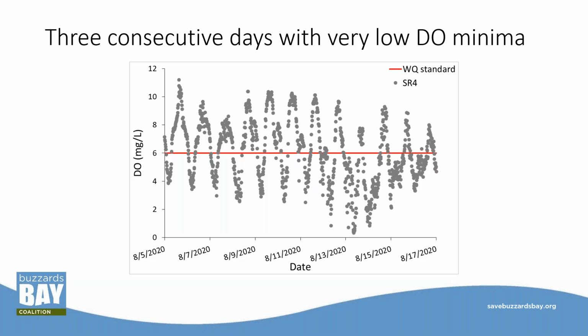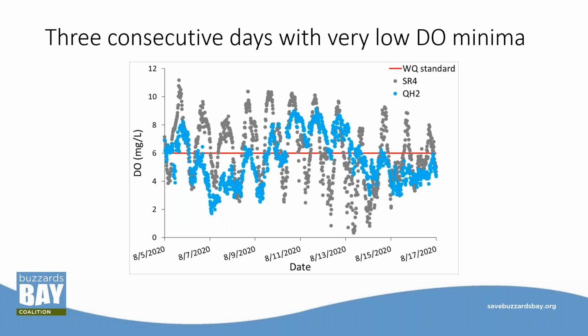And so then I wanted to layer this data with the other two stations to see how this compared to other places. This is data from Quisset Harbor, now in blue, and Slocum's River is still there in gray. Quisset Harbor is a much less eutrophic station, and you can see that while there was a little bit of a local low of dissolved oxygen in mid-August, it's not the lowest that we see at this station other times.